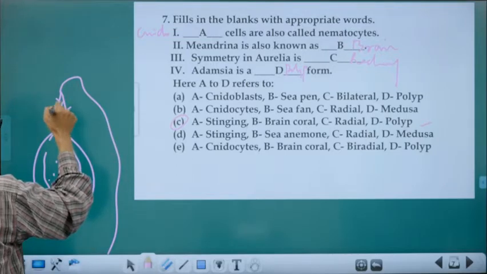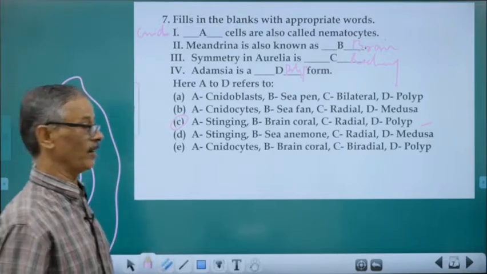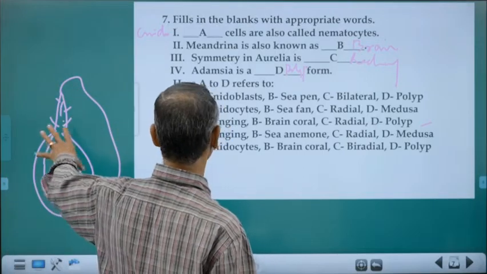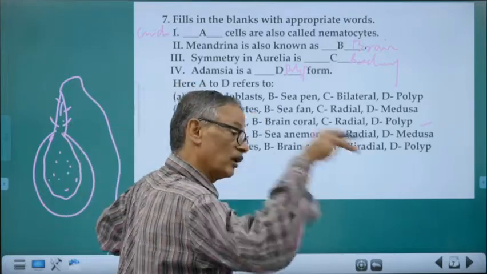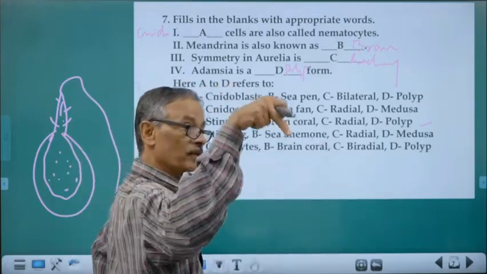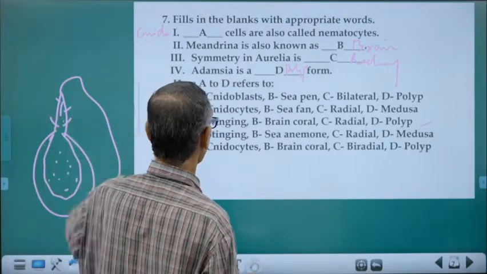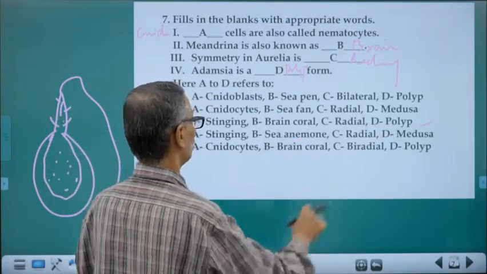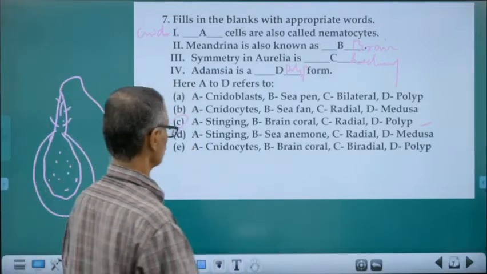Using these stings, the poison is injected into the victim, paralyzing them. Such a characteristic structure is called the stinging cell because they are used for stinging, piercing, introducing, just like a syringe, these stings will help in introducing the poison into the body of that victim. So, option goes to cat.